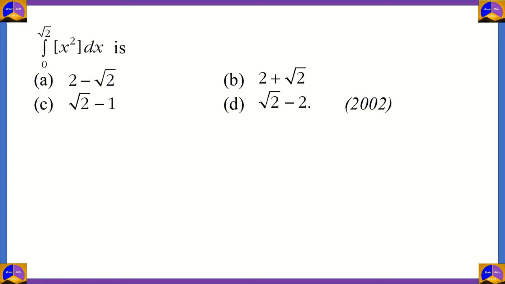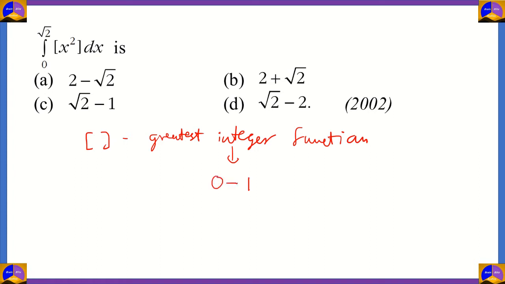Now notice that the square bracket here represents the greatest integer function. The greatest integer function is a function which has the value of the lowest integer in a particular series. So say you have a series from 0 to 1.